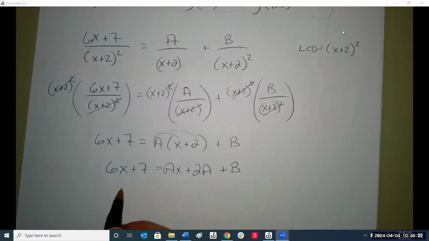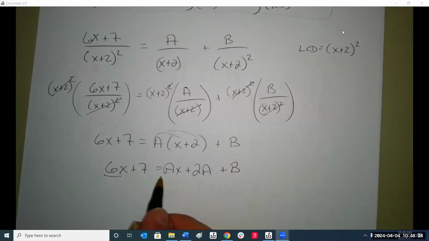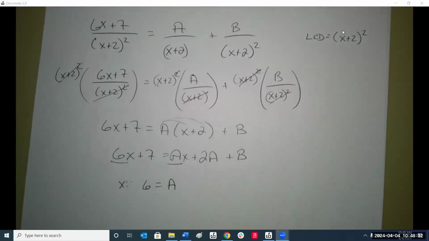So I group them. The coefficient of x is 6, and that equals A. So I know A equals 6.